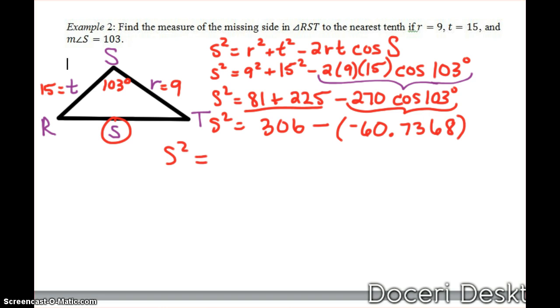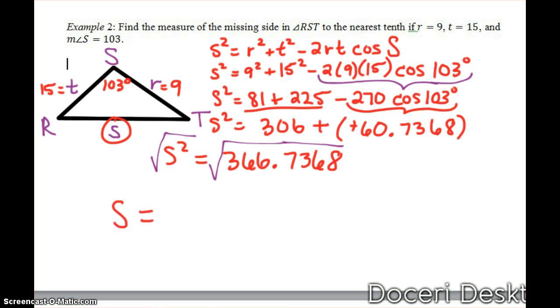It's important to note that we have a minus and a negative, so if we change the sign and add, we would just add those together and we get 366.7368. That's S squared. We want the square root of that because we just want S. And so S would be approximately 19.2.